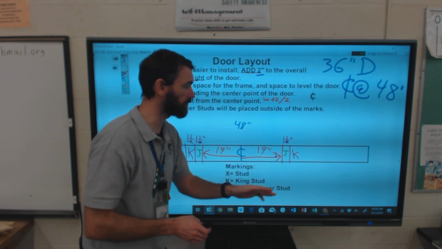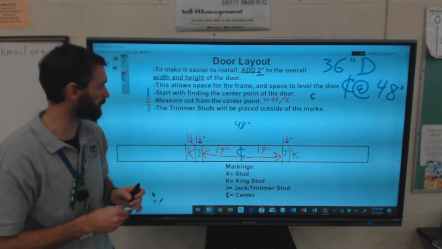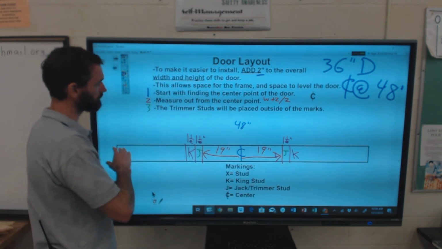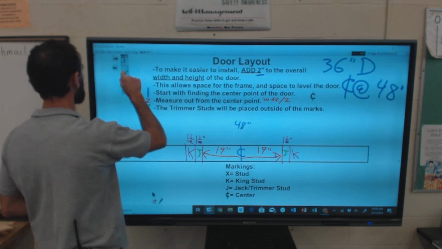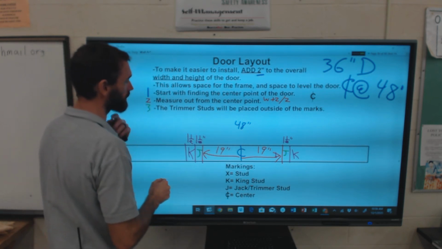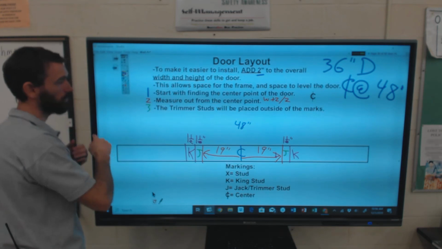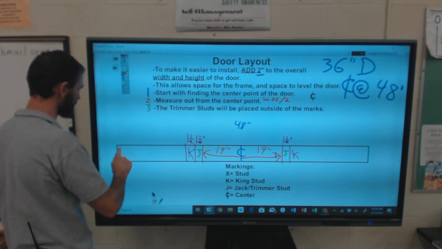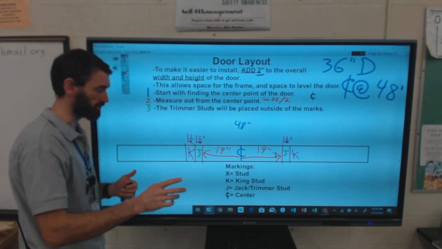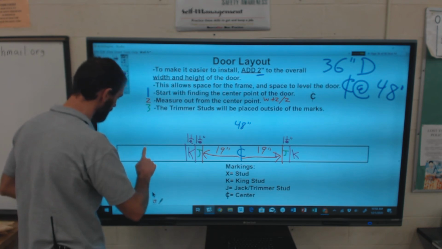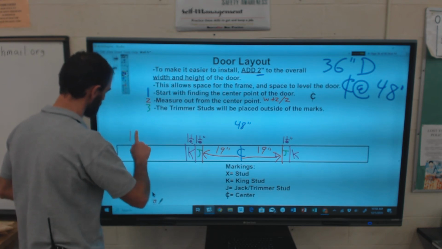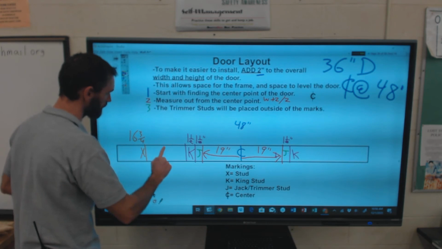So at that point, you can stop and you can change over to on center studs. Now we'll start working with our on center studs. And it's the same process as what we've done. You measure over 16 3/4.